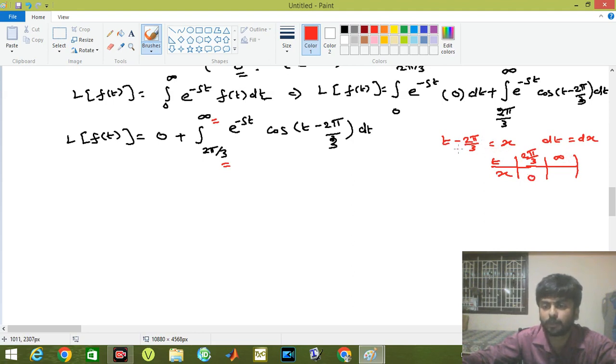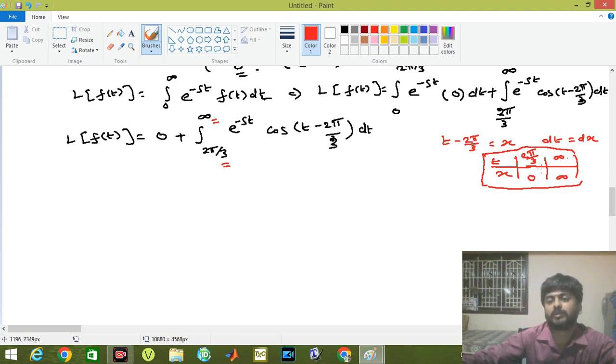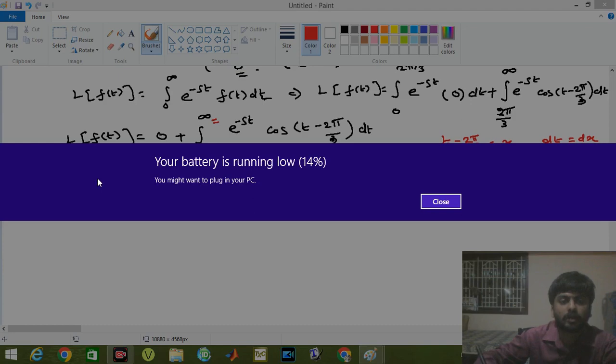When I substitute infinity for t, infinity minus any value will again return infinity. So this is my limit for x. Now we have to transform the left hand side. Let the left hand side be f of t itself.